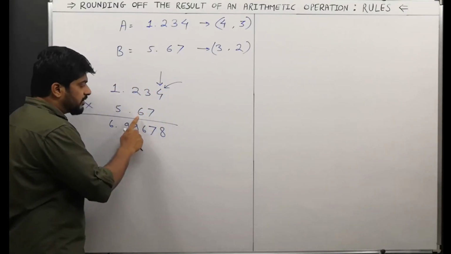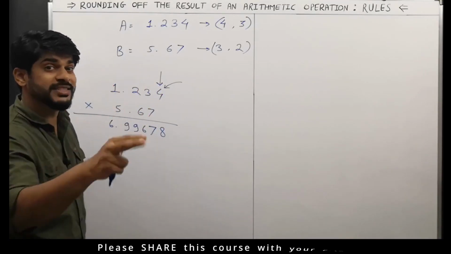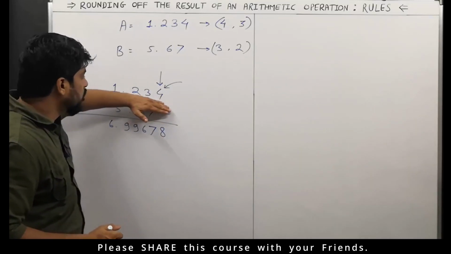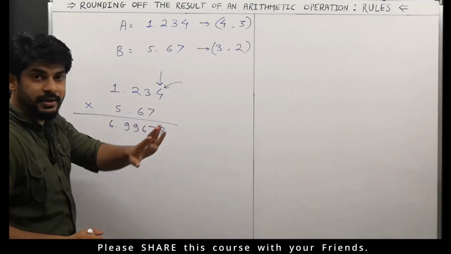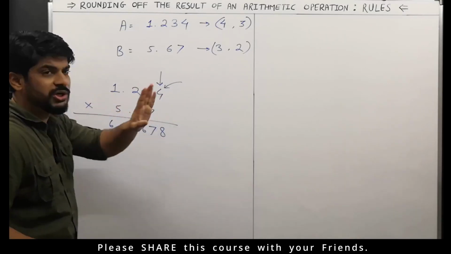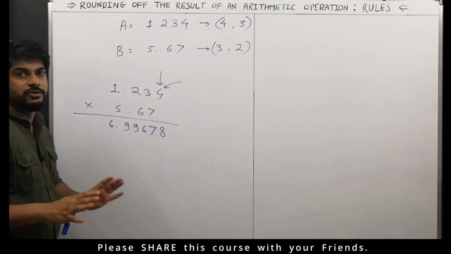Here you can note that this number 5.67 has been resolved up to the 2nd decimal place only. So you can see the resolution of these given numbers. The maximum resolution is the 3rd decimal place. Here it is 2, here it is 3. So maximum is 3.